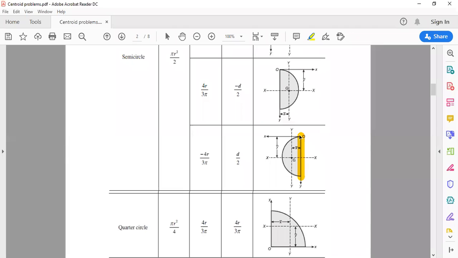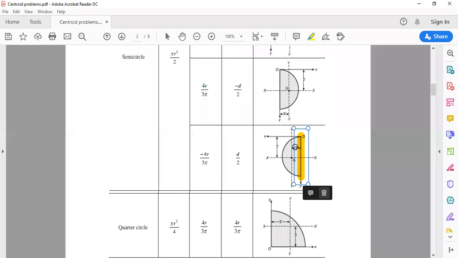And since this x bar is measured along the negative direction of x, that is towards left, thereby we have given the negative sign for x bar. Let us come to y bar now.